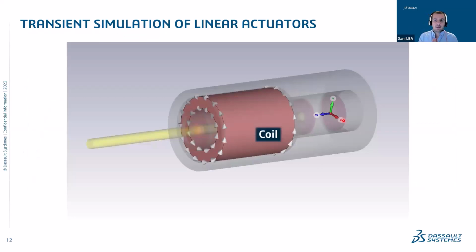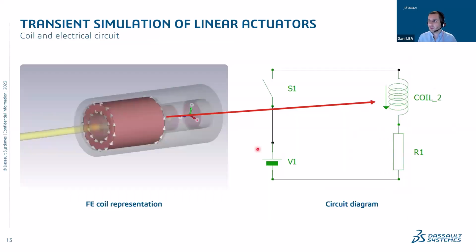And the third component is the coil. This is what will create a magnetic field, and we'll see what effect the current in the coil will have on the motion of the actuator itself. The coil is connected to an electric circuit, very simple in this case. We try to keep it simple for this example.